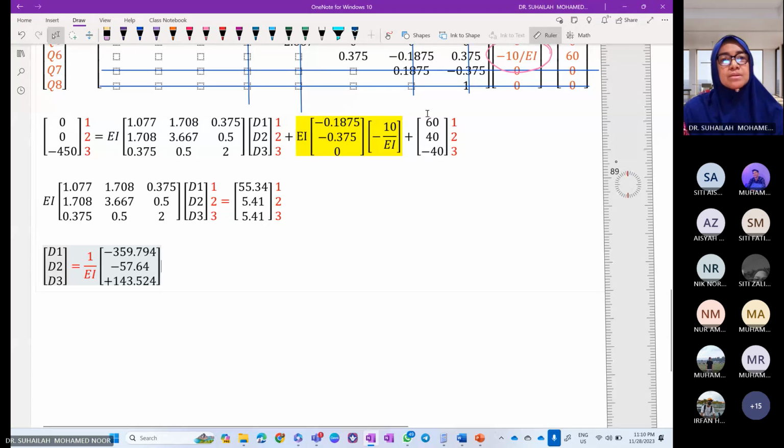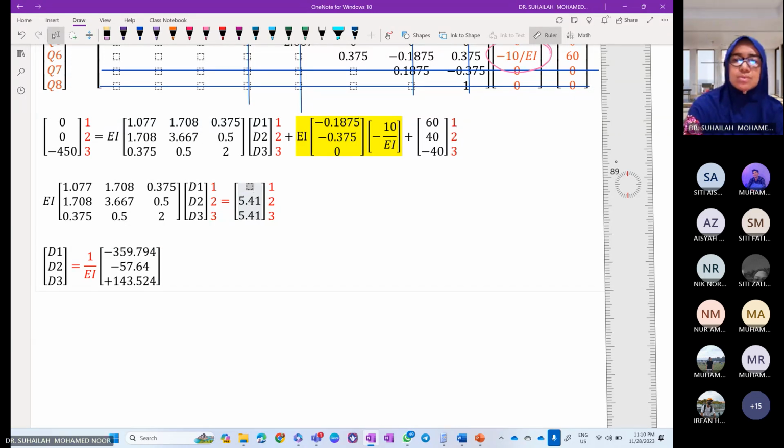Betul eh? Get negatif 61. Betul tak? 875. Okay? Is it correct value? 3.75, 3.75 plus 40. 43.75. Negative.